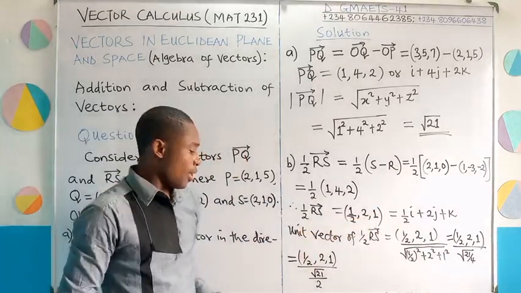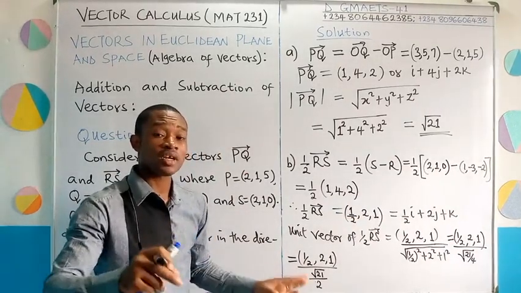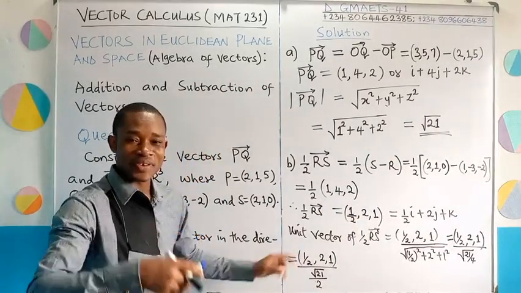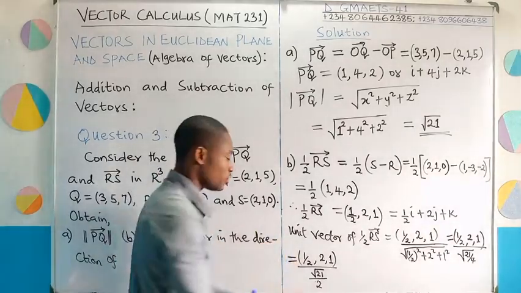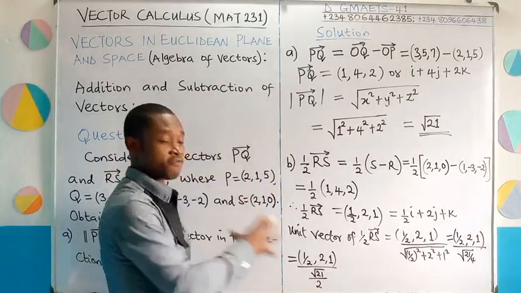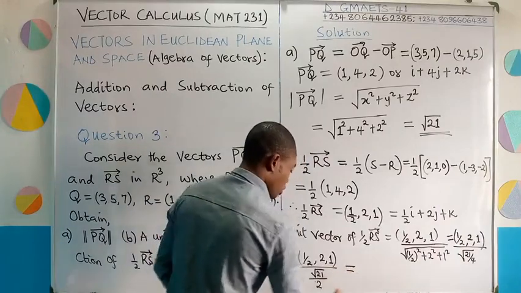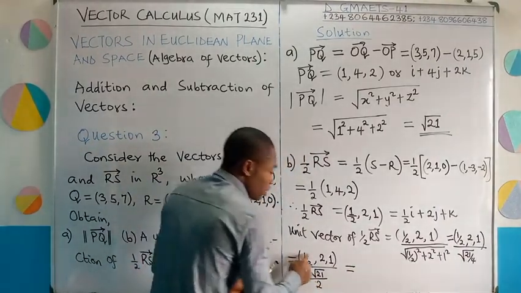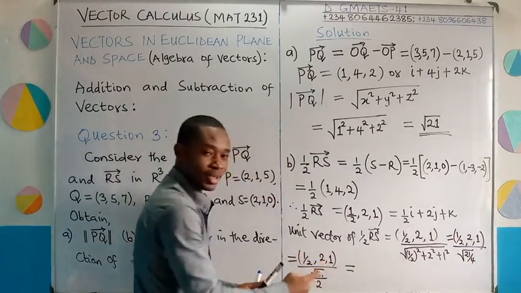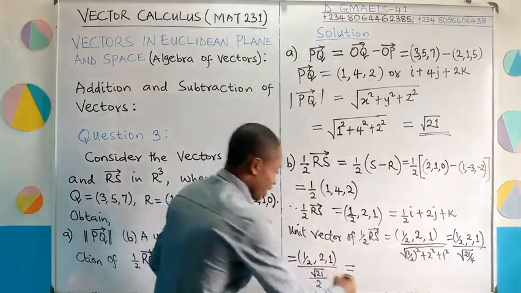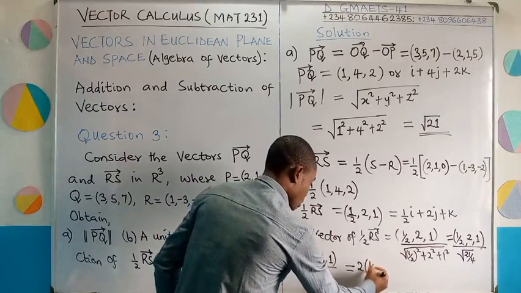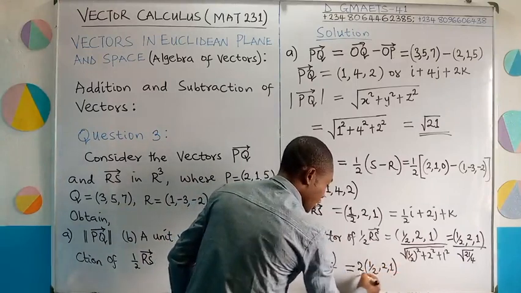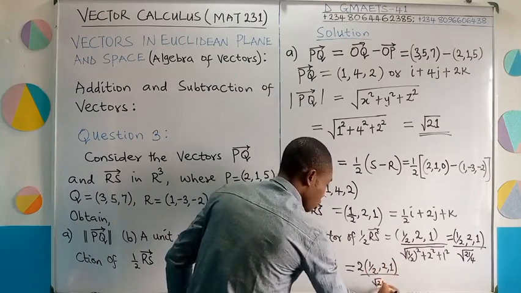But we can still simplify this further because mathematically, these two can go up. Division of fractions. If we multiply this term in the numerator, let me just show that: 2 times the bracket 1/2, 2 and 1, divided by the square root of 21.